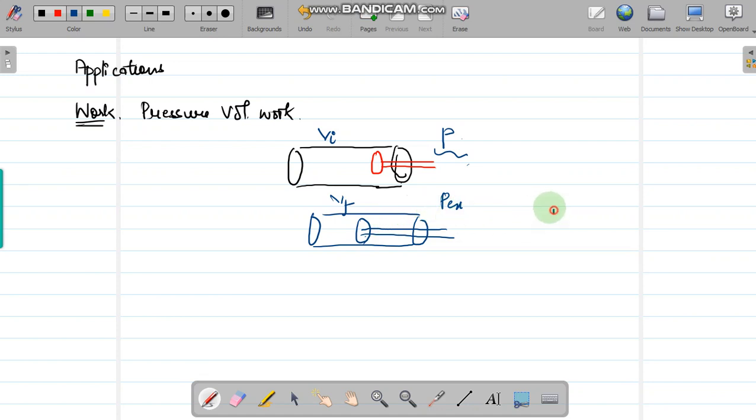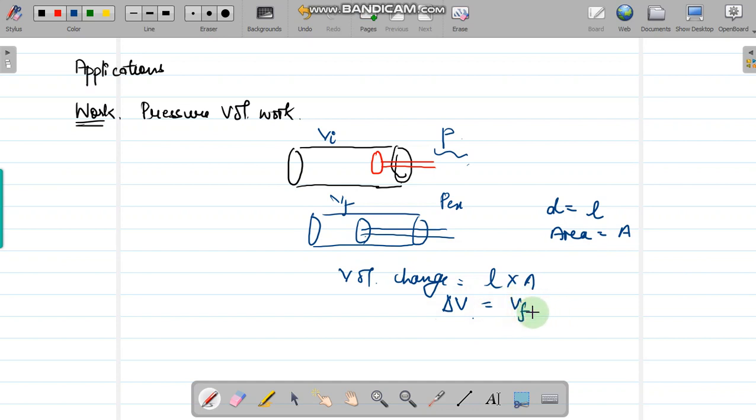suppose the piston moves a distance equal to L, and the area of cross section of the piston is A. So what will be the volume? The change in the volume is going to be equal to L into A. And the change in the volume, delta V, is the final volume minus the initial volume.